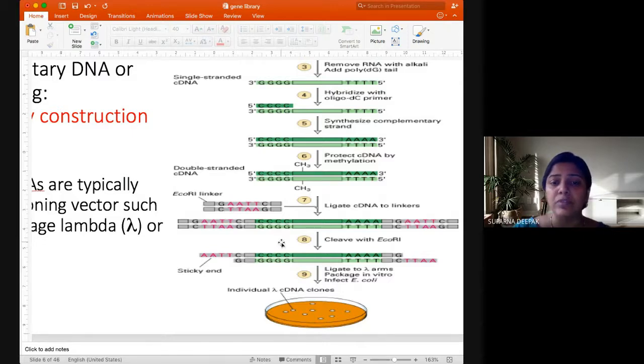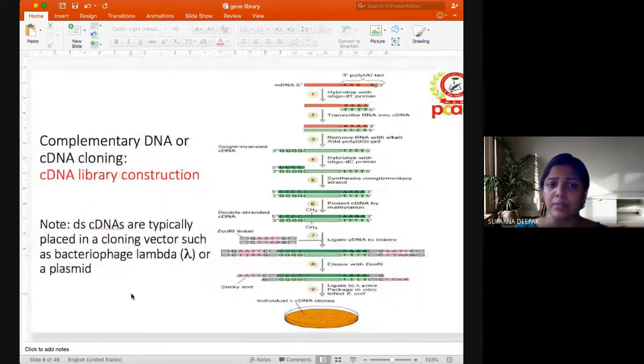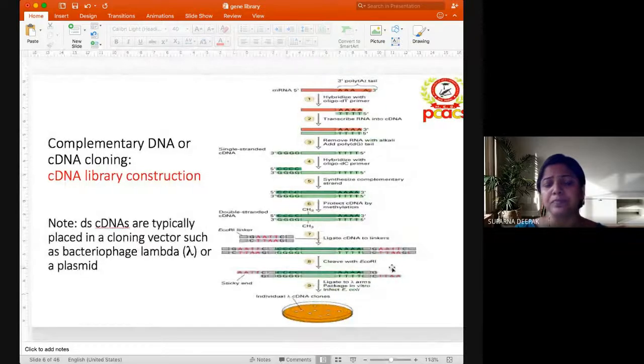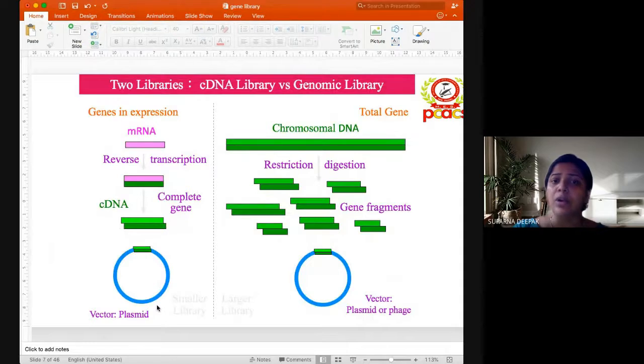So we will use only EcoRI so that it restricts only at these linkers, and then you can ligate it either to your lambda arms, as we have seen earlier, or to a vector, that is, a plasmid. Either a plasmid or a bacteriophage lambda can be used. That is how cDNA libraries are produced.